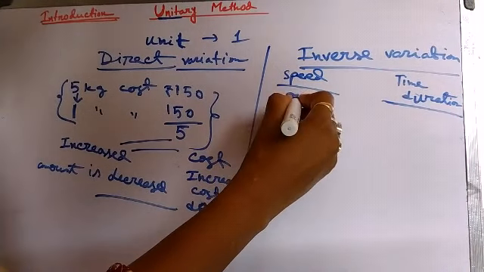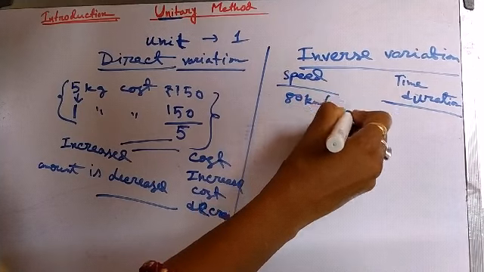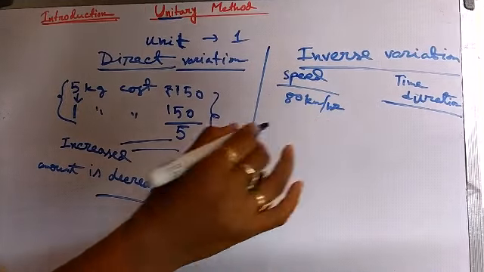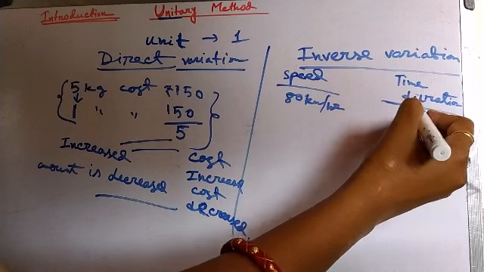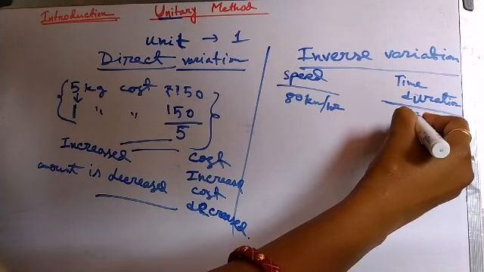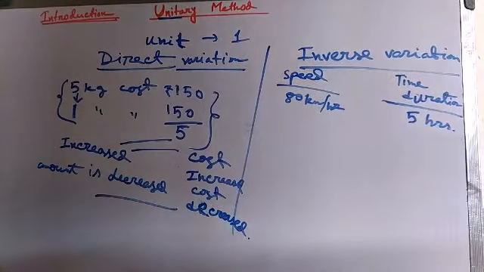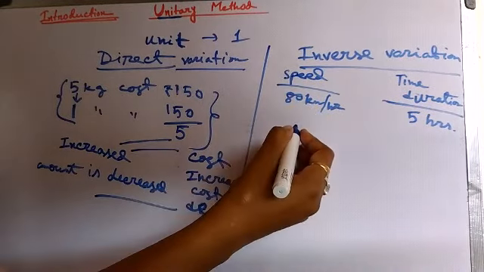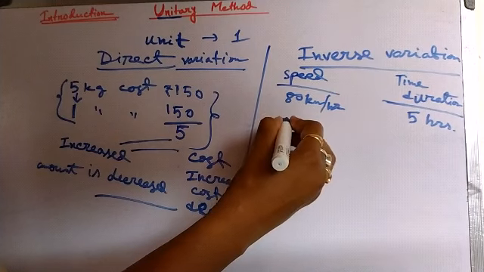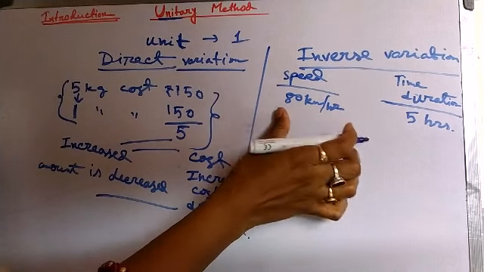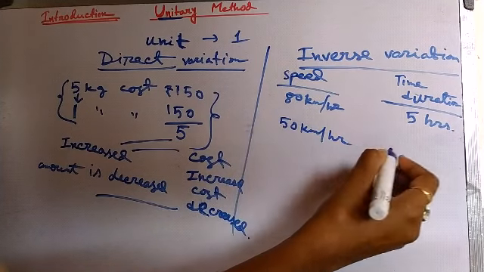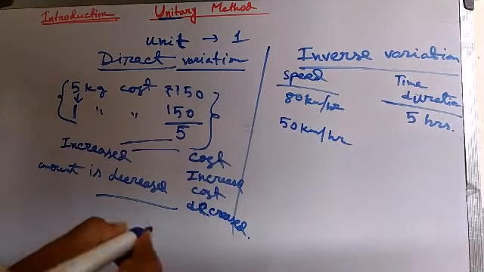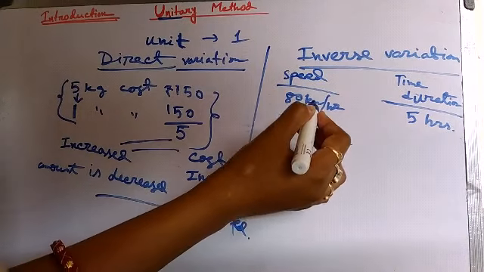That means if the speed of a car is 80 km per hour and the time taken to reach the destination is, suppose, 5 hours. Then if the speed is lesser, that means if the speed is 50 km per hour, then more time will be taken, because this is the speed of the car.